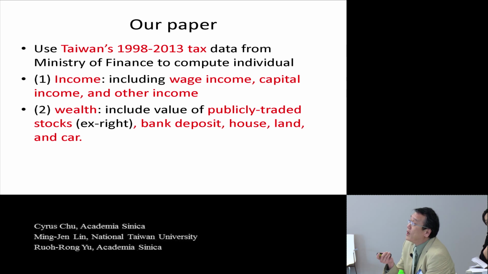And we also have wealth data. The wealth data has publicly traded stocks, evaluated at the ex-rights date. We have bank deposits, houses, land, and cars. So that facilitates us to do some intergenerational transmission study. But we also have some data limitations. I'll get back to that.